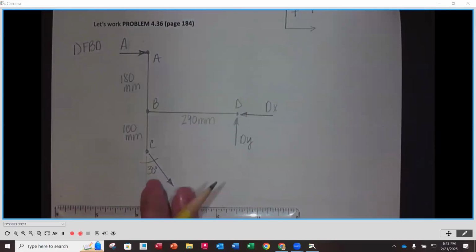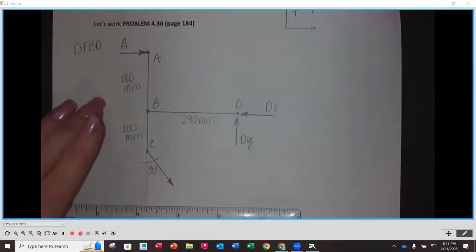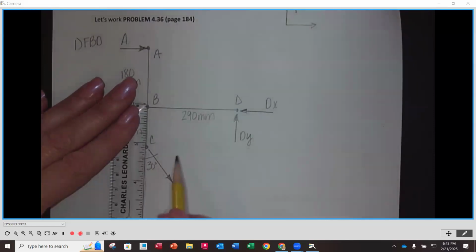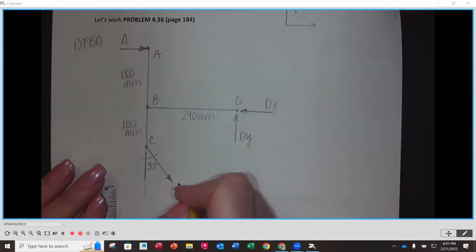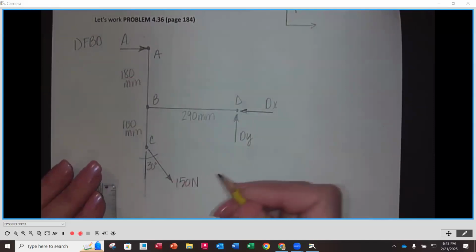Now, at C, this is an applied load. It's at an angle, not vertical or horizontal, so we need to know its components. We're going to have to do a CX and a CY. We know this is 150 newtons.